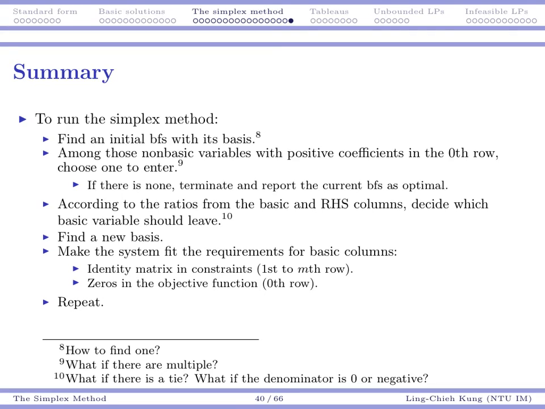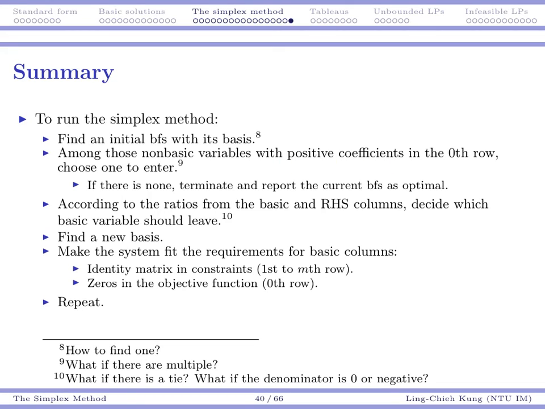So as a summary, to run the simplex method, first find an initial basic feasible solution and its basis. And then among all those non-basic variables with positive coefficients in the zeroth row, choose one to enter. Now here, please be careful about this statement. When you are looking for a positive coefficient, what does that mean?